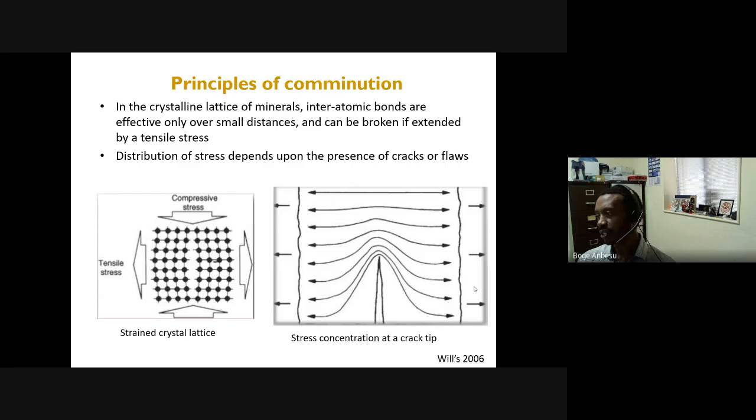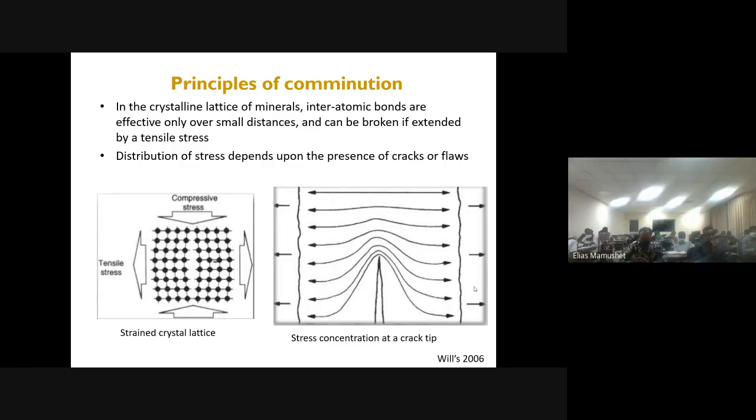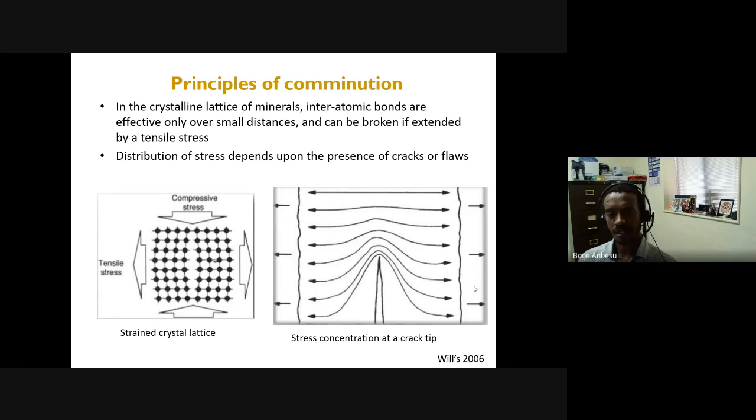The picture on the right shows that if you have a crack or some failure in the rock, or even a grain boundary between one mineral and another in the rock, it's easier for the stress to propagate through those cracks and break along the side of the crack. And therefore, if you have a rough idea of crack lengths, then you can probably work out how much energy will be required for comminution.